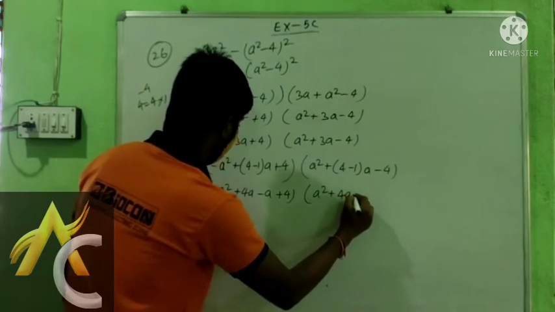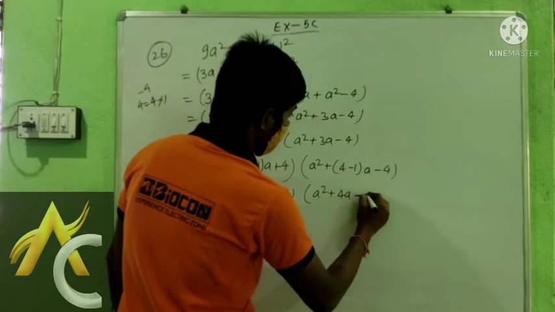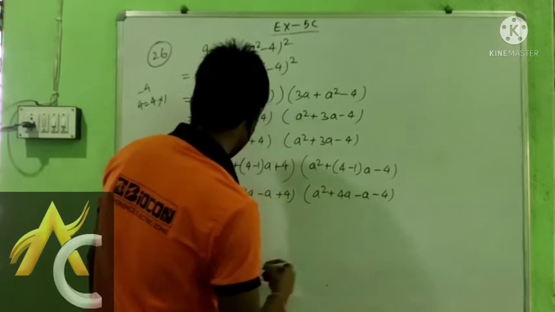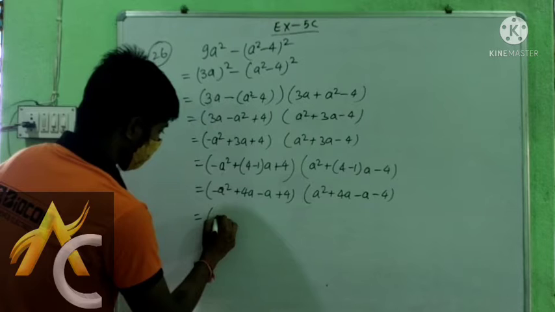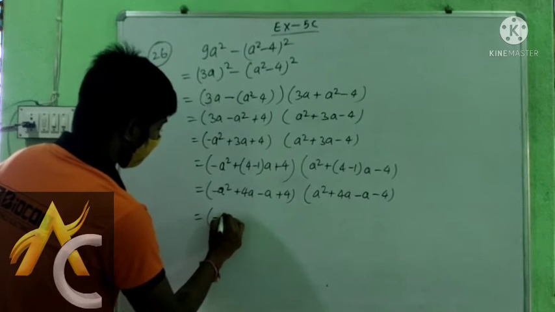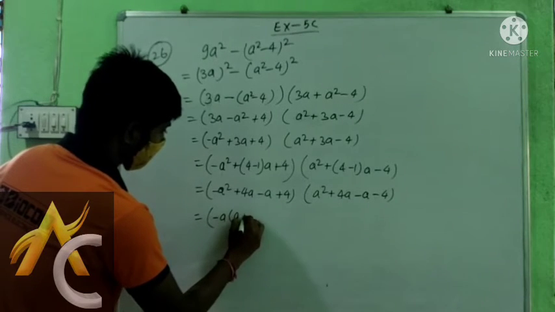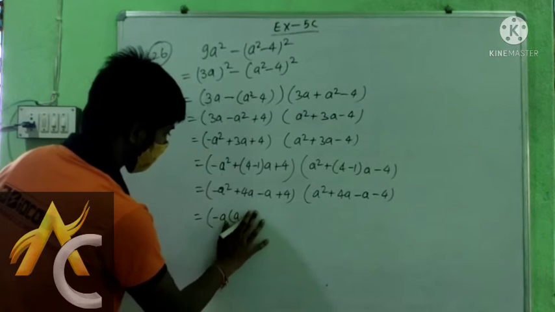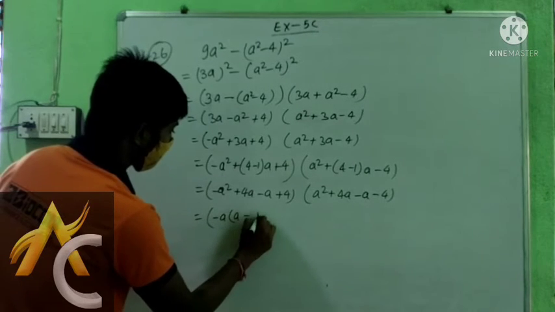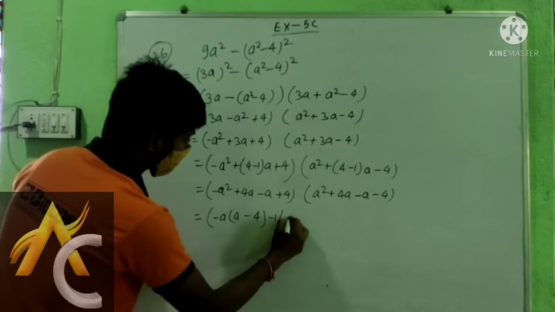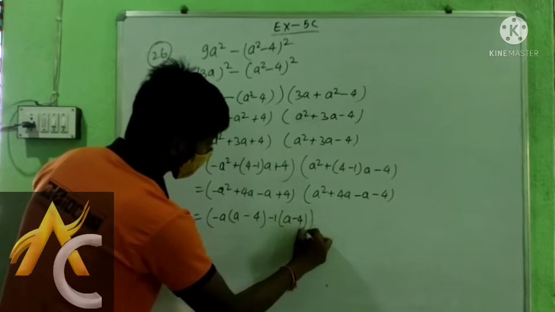So it will be (minus a square plus 4a minus a plus 4) into (a square plus 4a minus a minus 4). Now we are taking common minus a, then it will be a minus 4, and then again minus 1 common, then it will be a minus 4 as well.